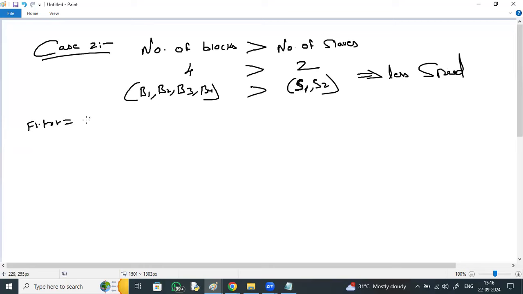F1.txt, file1.txt. Assume the size of the file is 230 MB. Default block size 64 MB.